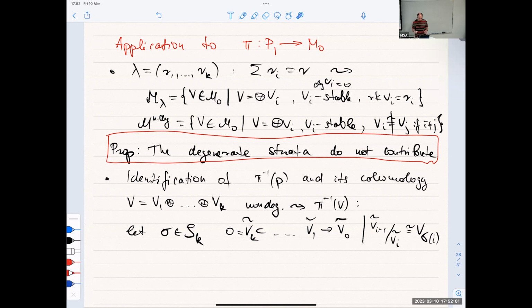You look at a non-degenerate bundle, and then the fiber roughly looks like this.